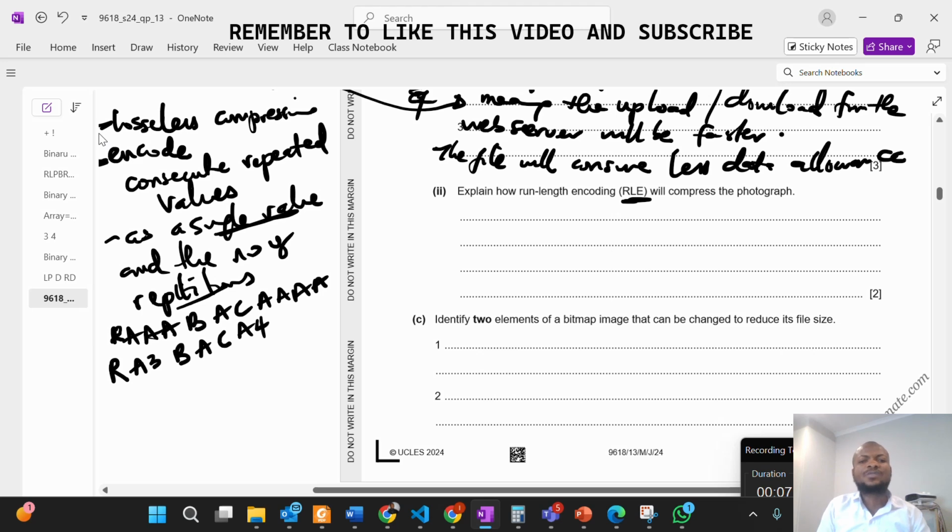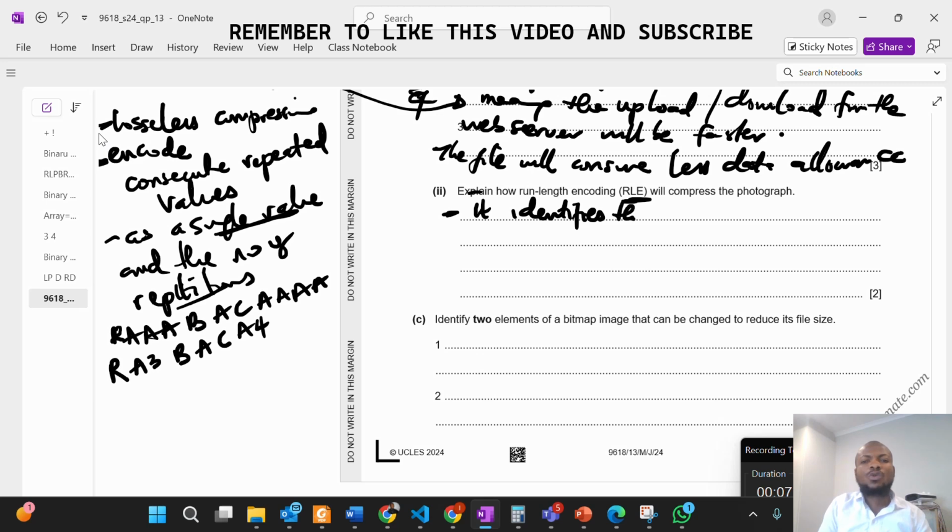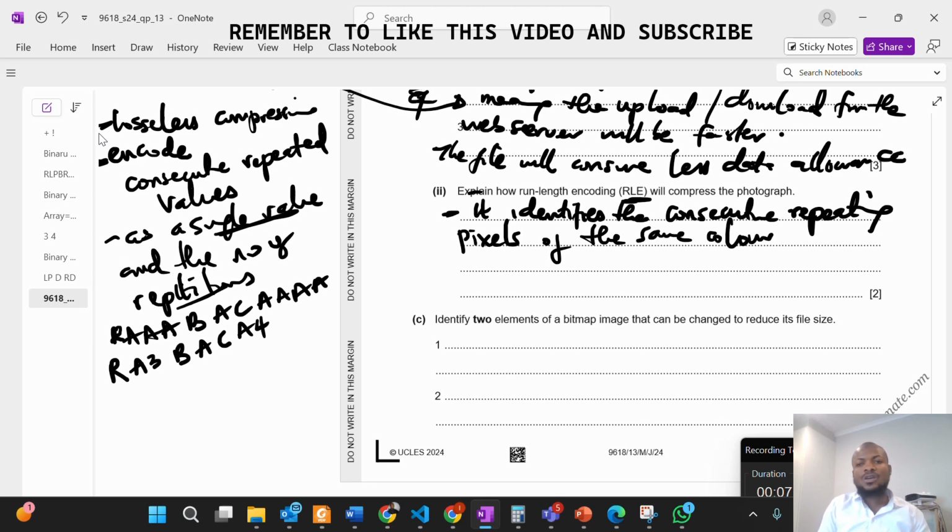Is that understood? So how will it now be used to compress this photograph? It identifies the consecutive repeating pixels, the pixels that are repeated consecutively of the same color. Color is made up of the image.